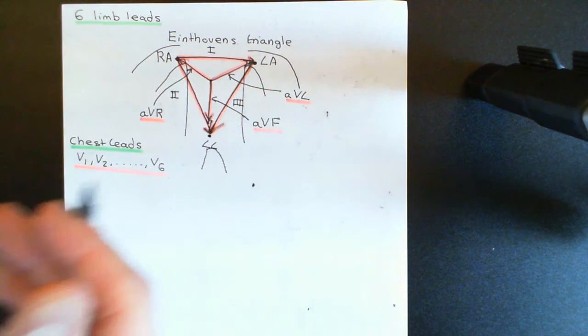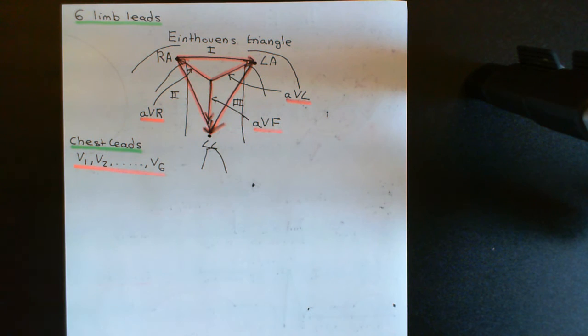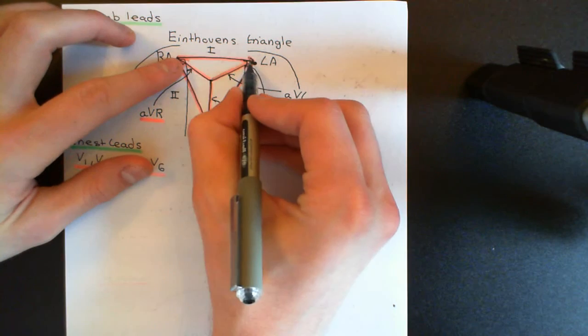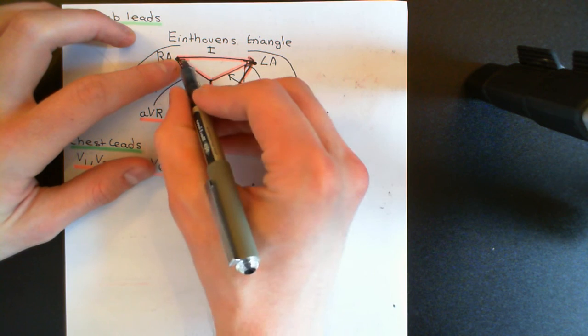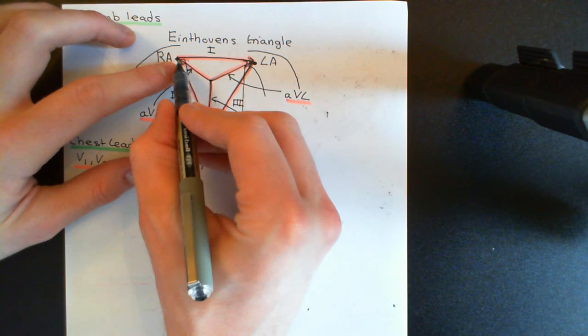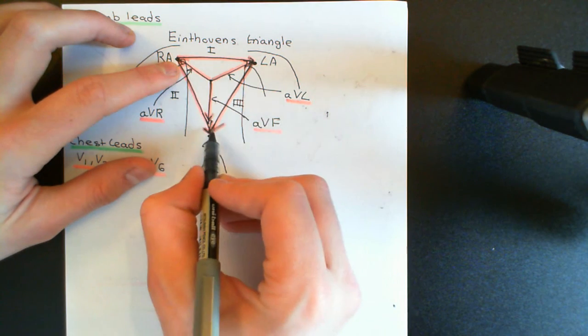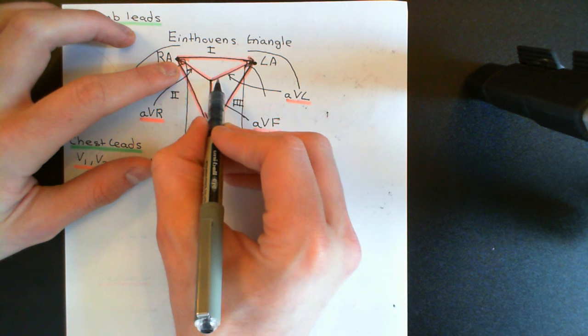I know this isn't an exact interpretation, of course, but the way it's interpreted is that the average of the electrical potential at the right arm, left arm, and left leg gives you roughly the electrical potential at the centre of the heart.